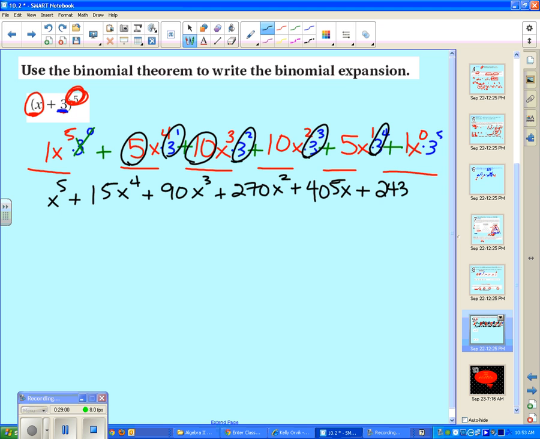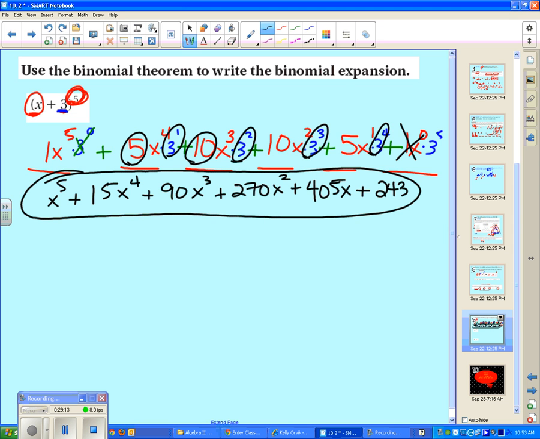What's x to the 0 again? 1. So 243 times 1 is 243. I don't really need that x to the 0 there. And so this whole thing is your answer. That is what you would get if you multiplied out x plus 3 times itself 5 times without all the extra work behind it.